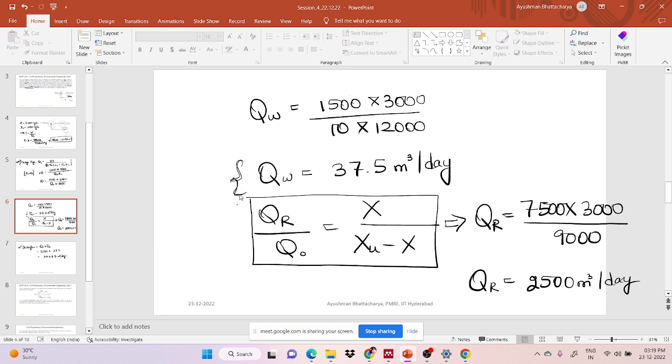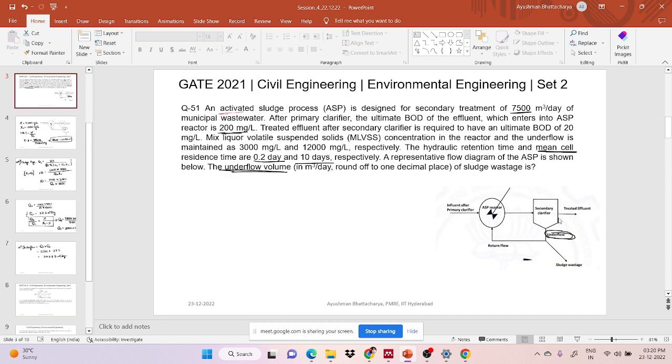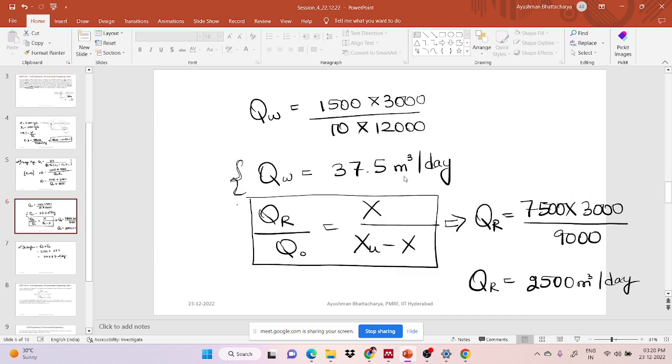Yes, sir. But underflow, when you talk, is QW plus QR, right? The recycle which will be going here, then again it will add. If you calculate only this, then see, in the question also they have mentioned that this is the underflow. So you are calculating QW only here, that's why you are telling 37.5 meter cube per day.